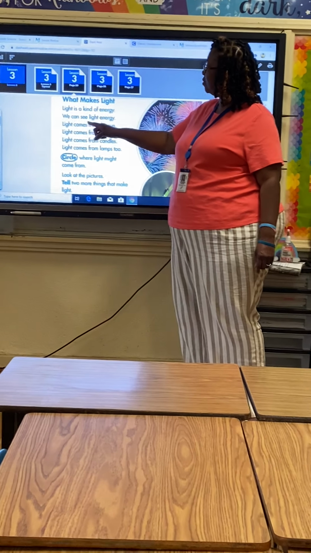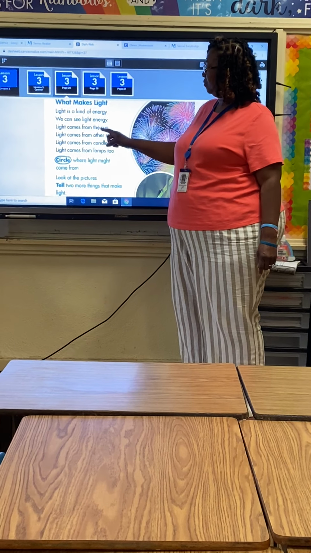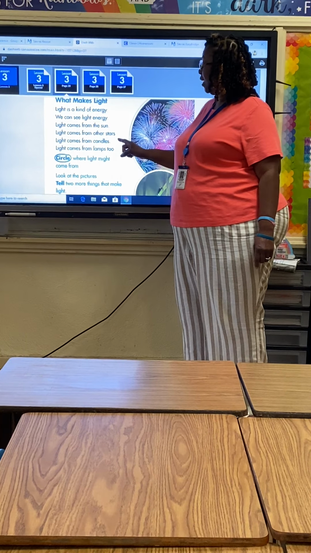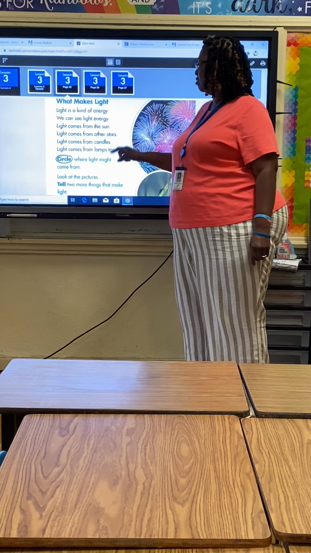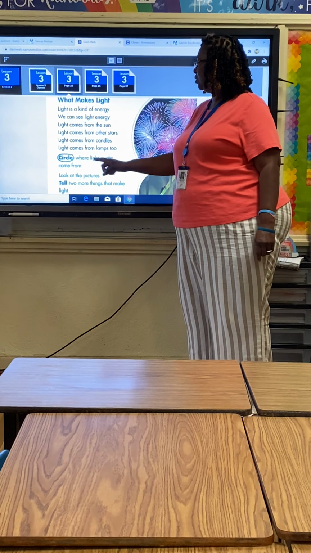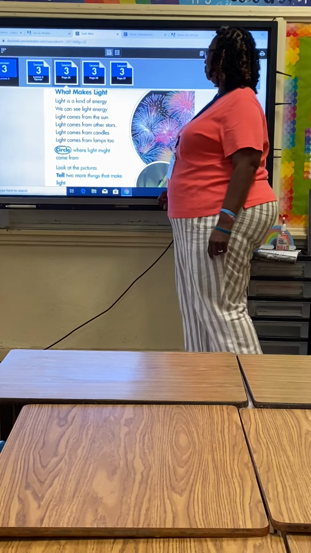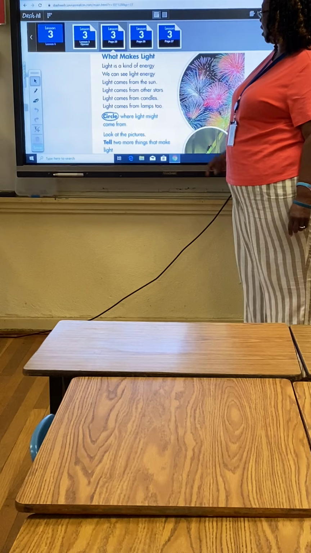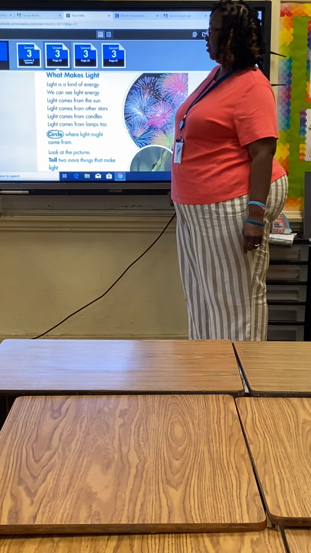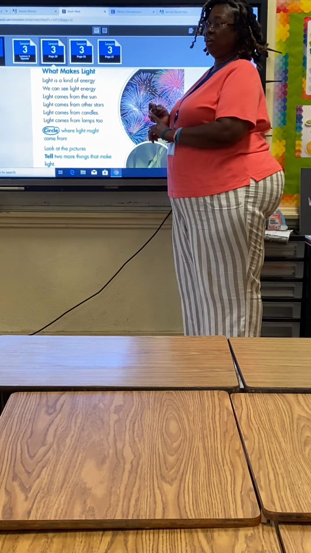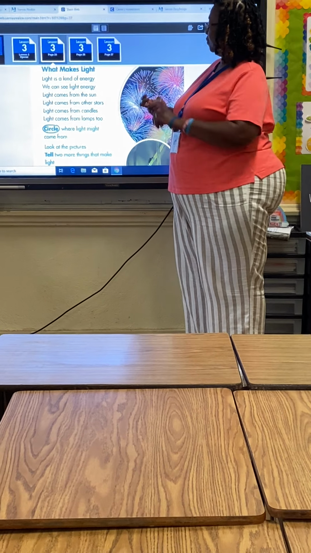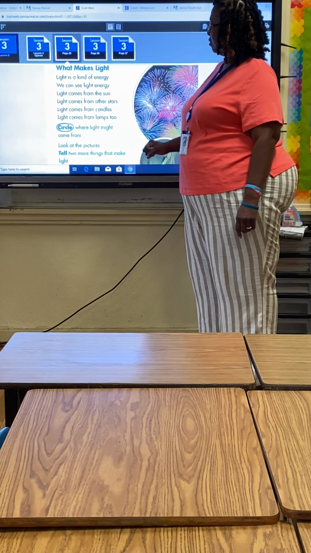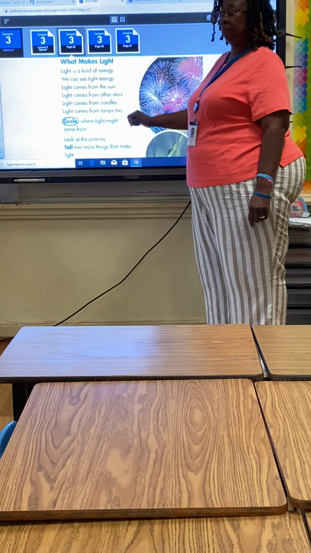Okay, we can see light energy. Light comes from the sun. Light comes from other stars. Light comes from candles. Light comes from lamps too. So, we just learned that light comes from at least 4 different items: 1, the sun; 2, the stars; 3, the candles; and 4, the lamps.